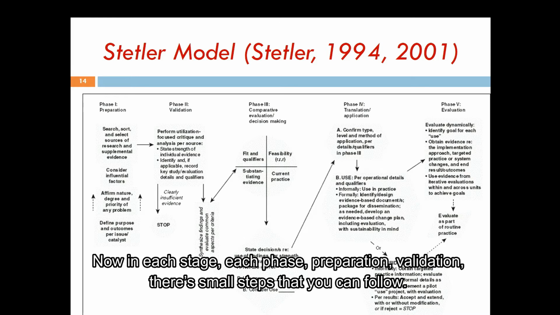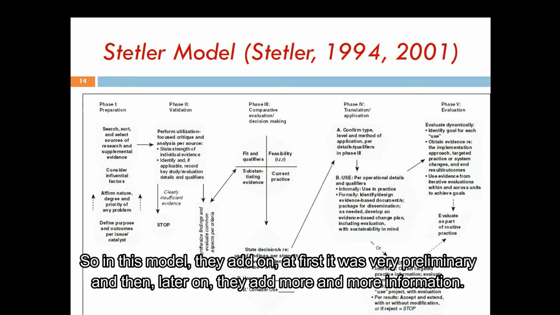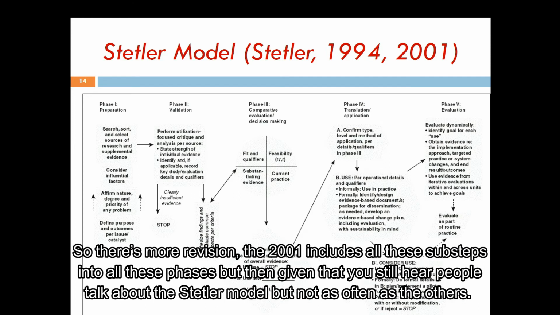In each stage, in each phase, preparation, validation, there are small steps that you can follow. For example, the preparation is to search for and select sources of research and supplementary evidence. In this model, at first it was very preliminary, and then later on they added more and more information, so there's more revision. The 2001 version includes all these sub-steps in all these phases.